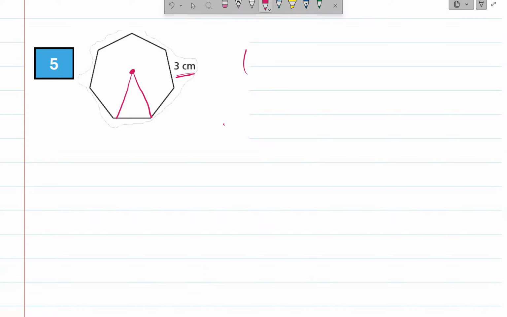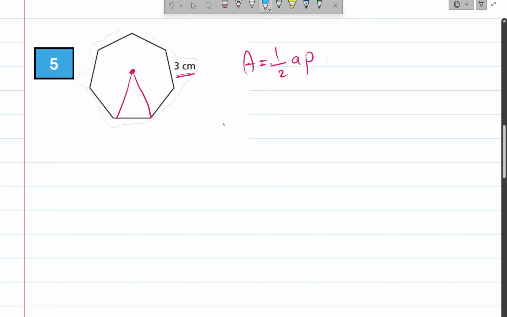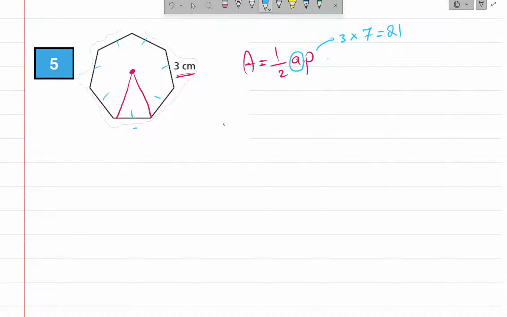So we know that area equals 1 over 2 A P. We can easily find P now, because each side is length 3 times how many sides we have? 1, 2, 3, 4, 5, 6, 7. Times 7 is equal to 21. We found P. The only thing we need to look for is A.